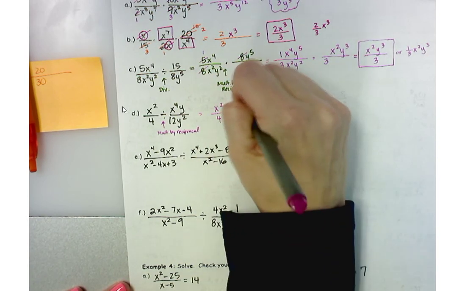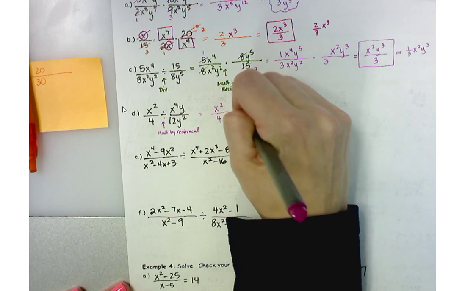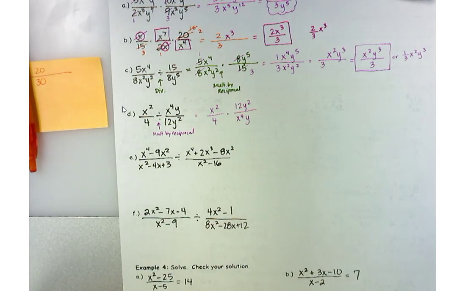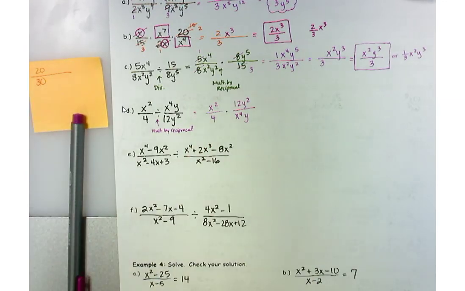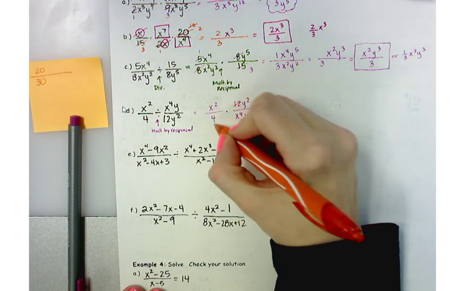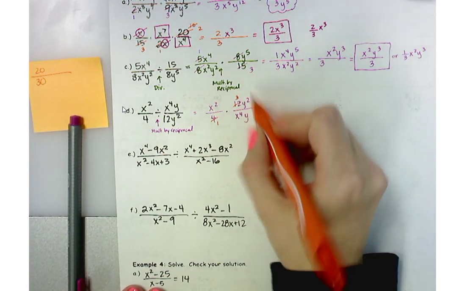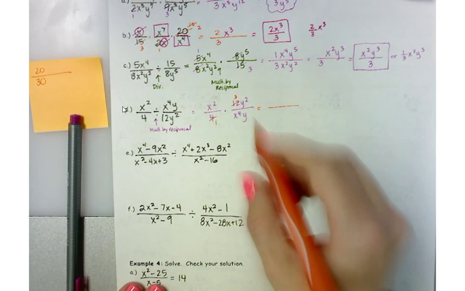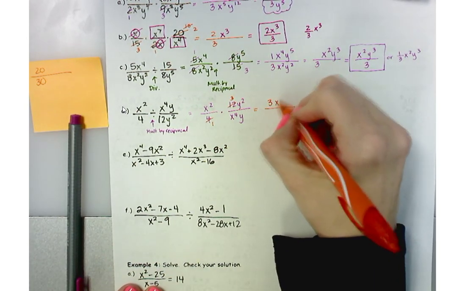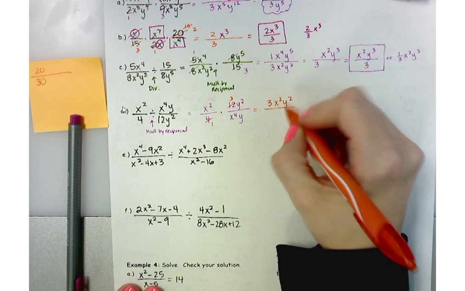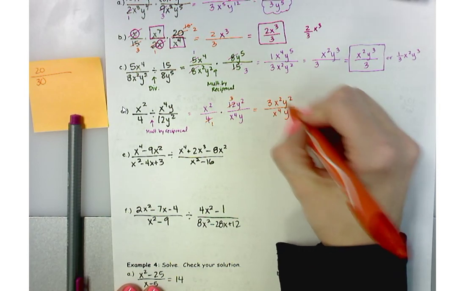Okay, and then you have 3x squared y squared on the bottom, x to the 4th y. I like to line these up just because sometimes they don't give them to you in the alphabetical order, so if you can line them up, it just makes it easier to subtract. So I have 3 on the top.